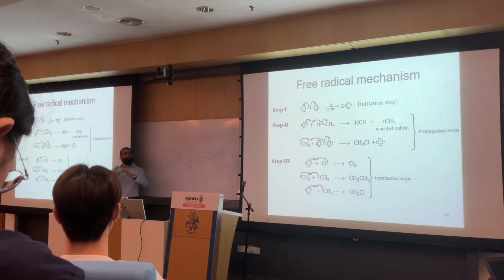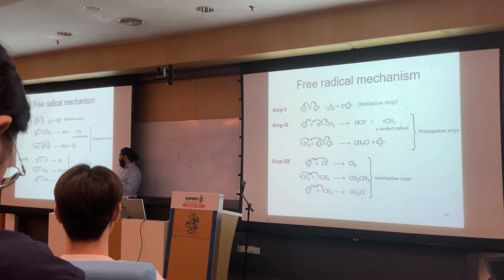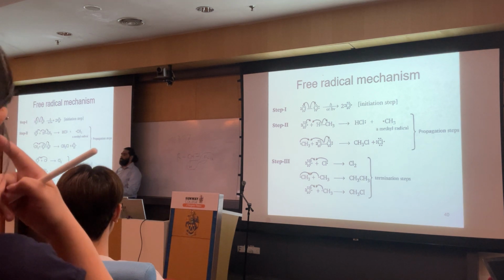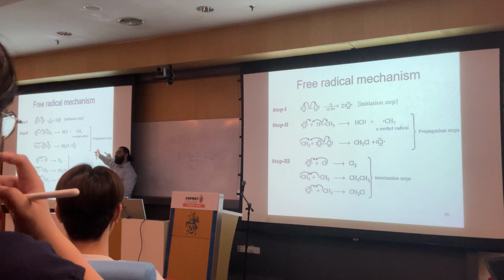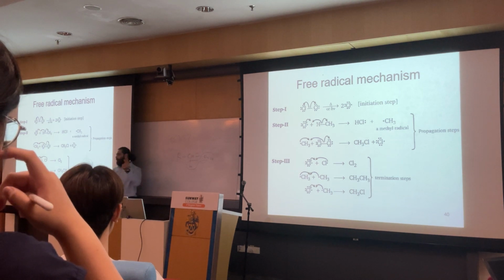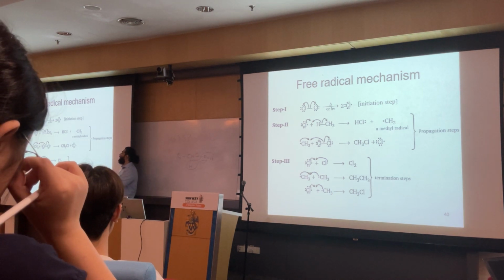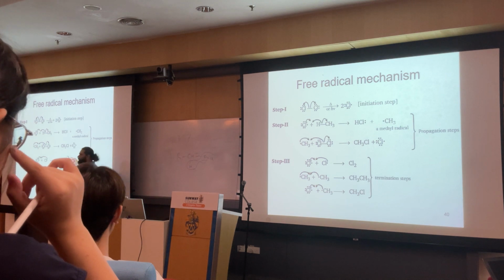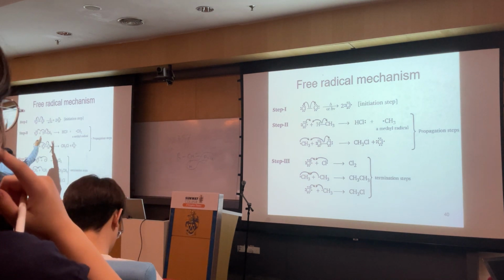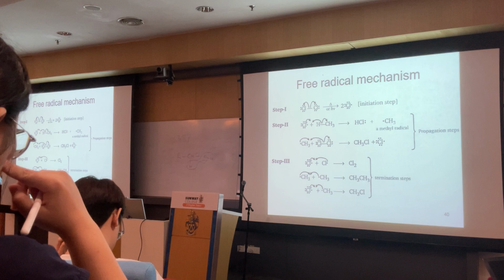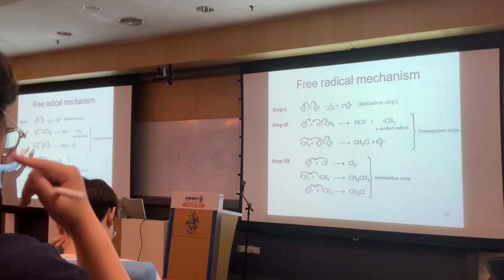Positive charge would mean deficiency of a pair of electrons, and negative charge would mean an increment of a pair of electrons. But a free radical would only mean excess or deficiency of a single electron. So this is the type of intermediate involved in this mechanism, and that's why the name is free radical mechanism.